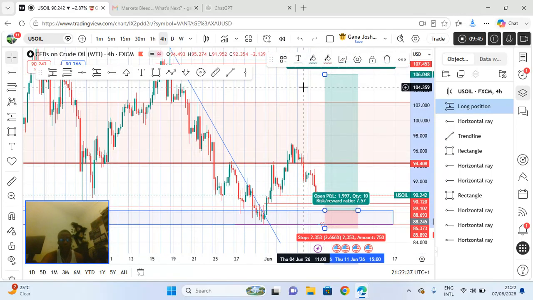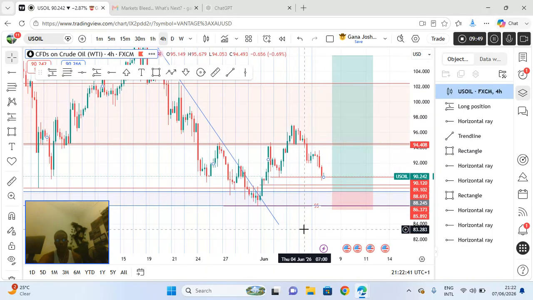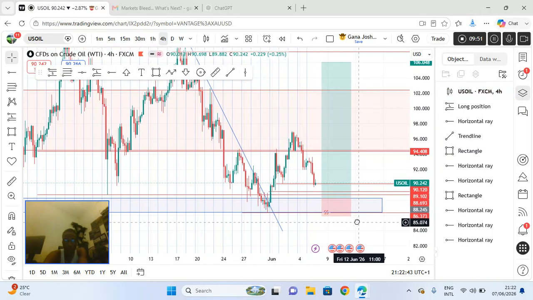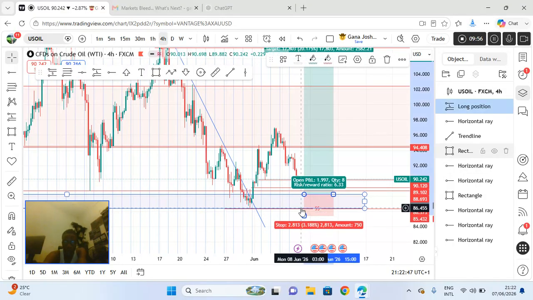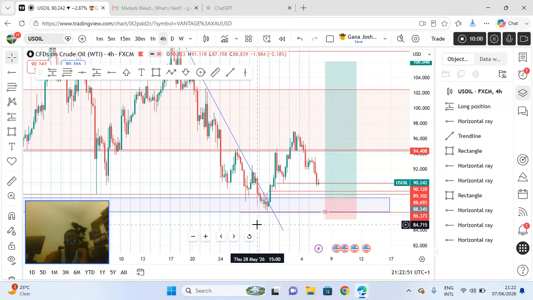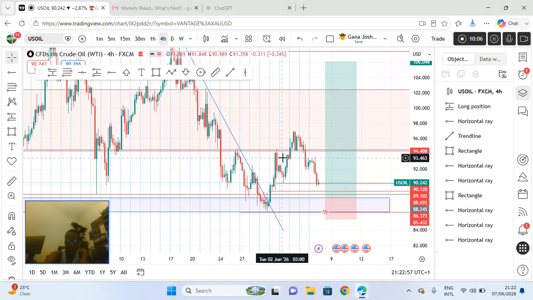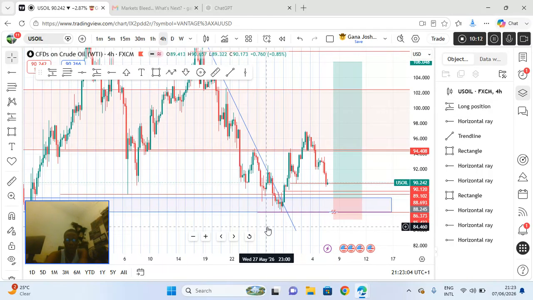So overview for USOIL, look at the projection. But you have to be cautious with this low. What are we seeing? Yes, we are buying because it's showing us this high was broken. Retests, continuation to the upside again to form another higher high.